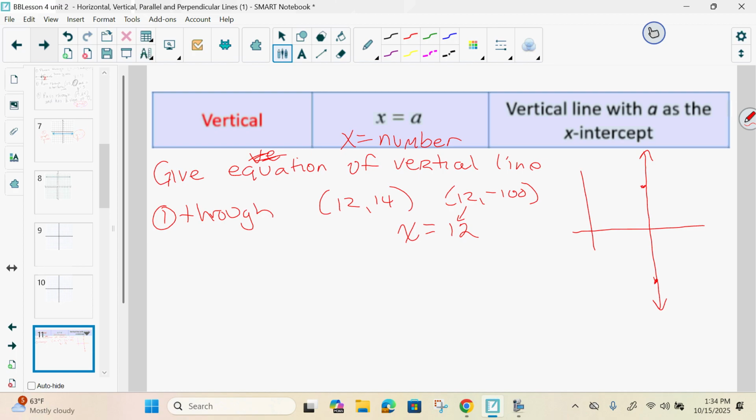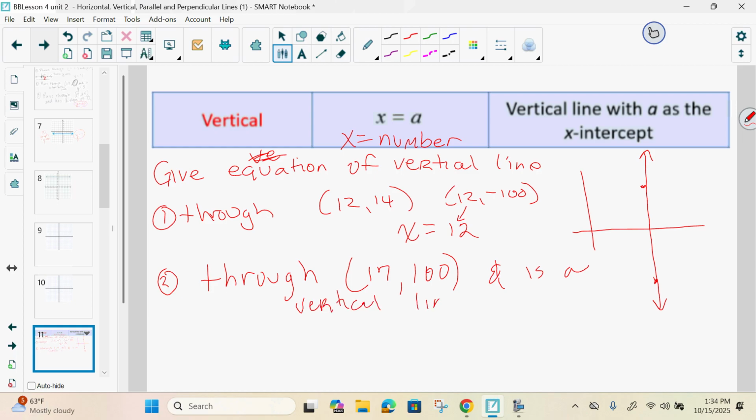I want to do them in the same order that I did the last one. So my number 2 was passes through a point, through 17, 100, and is a vertical line.